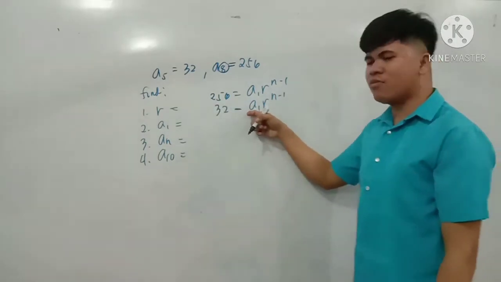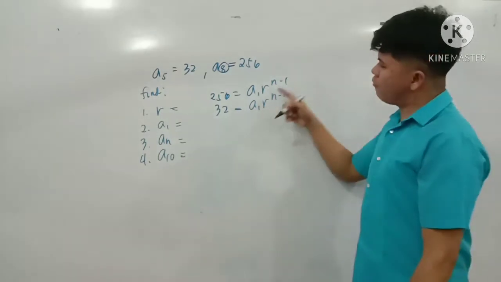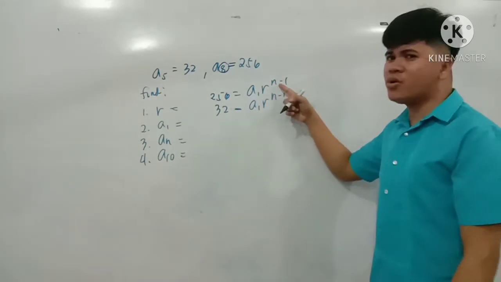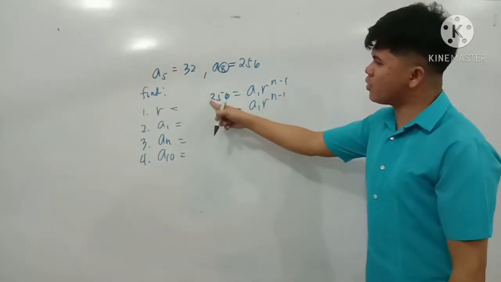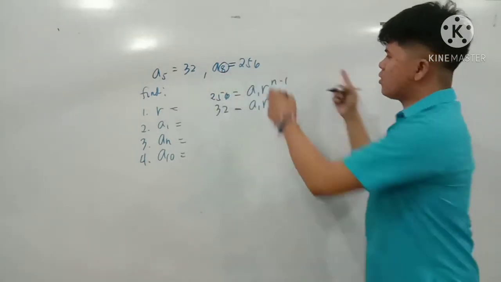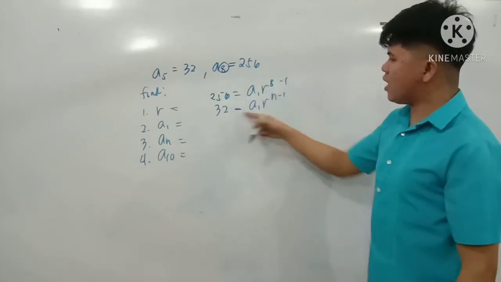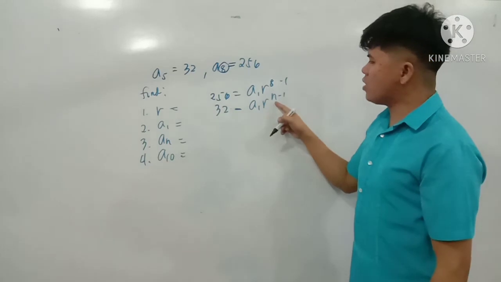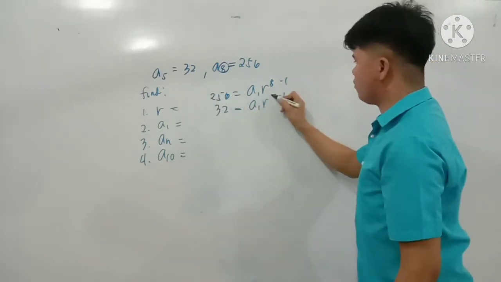We don't have the value of a sub 1 or of r. But for n, remember n refers to the number of terms. Therefore, our 256 is for the 8th term, so we substitute 8 here. For the other, our n is 5, so we substitute 5.